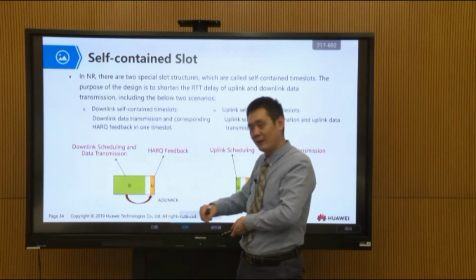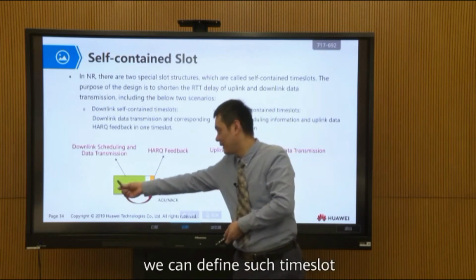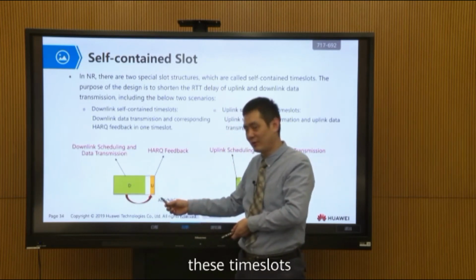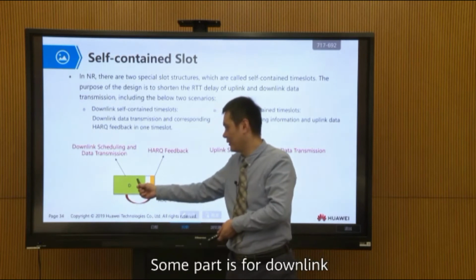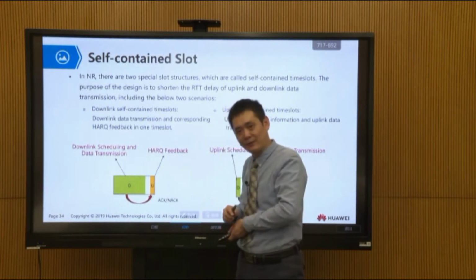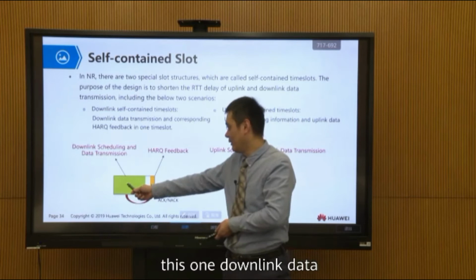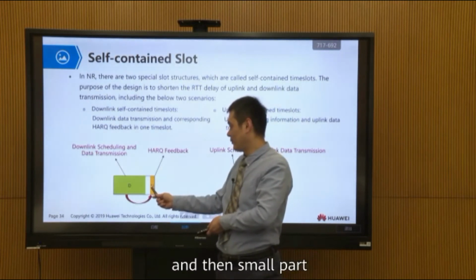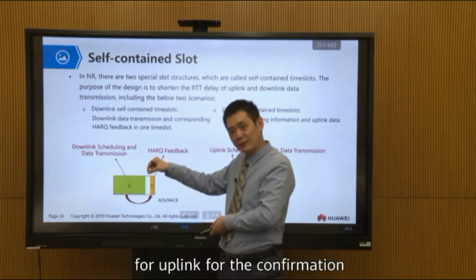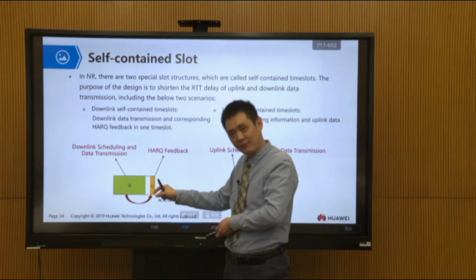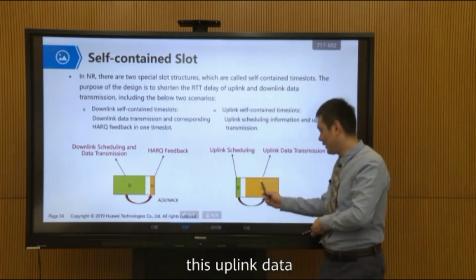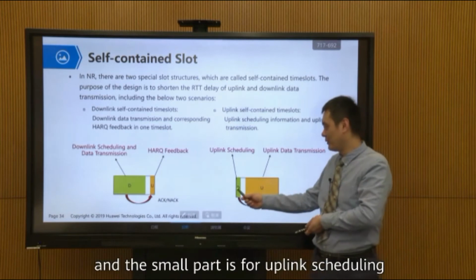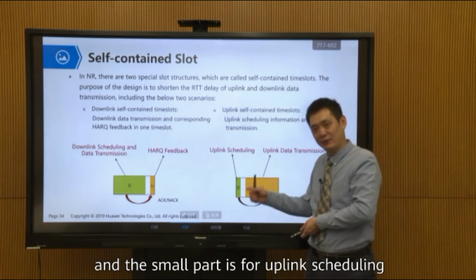of them. But for 5G, we can define such a time slot. In this time slot, some part is for downlink, some part is for uplink. For example, this one is downlink data, and then a small part for uplink for the acknowledgement. And this one is uplink data, and the small part is for uplink scheduling.